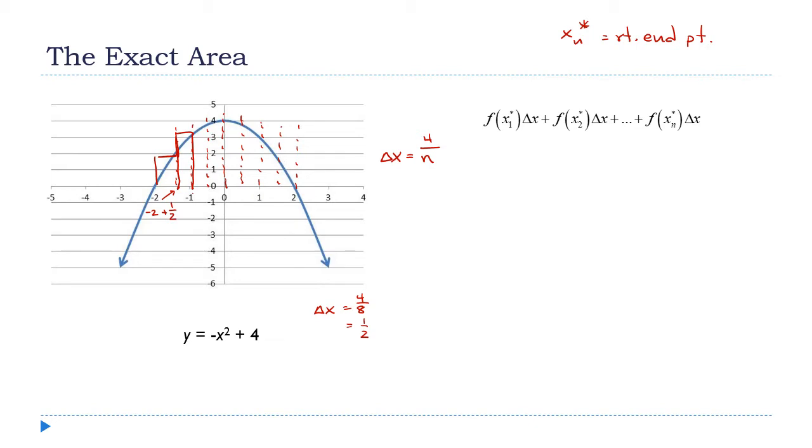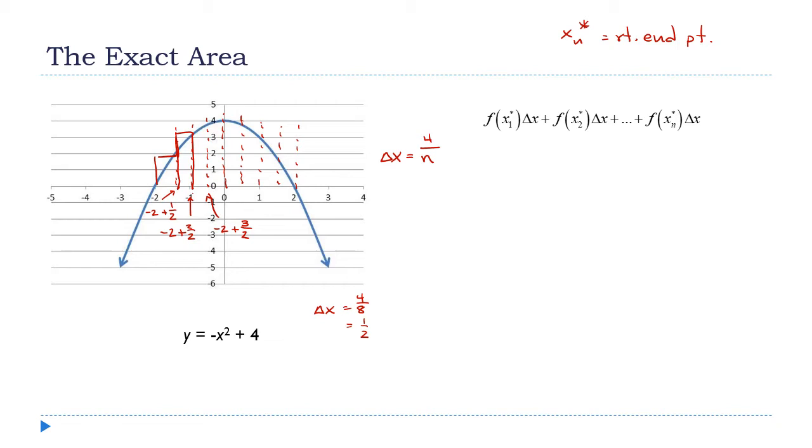Then how can I get to my next one? I would take this endpoint and add another 1/2 to it. So this would be -2 plus 2/2. This point will be -2 plus another 1/2. That's 3/2. You see how this works, right?